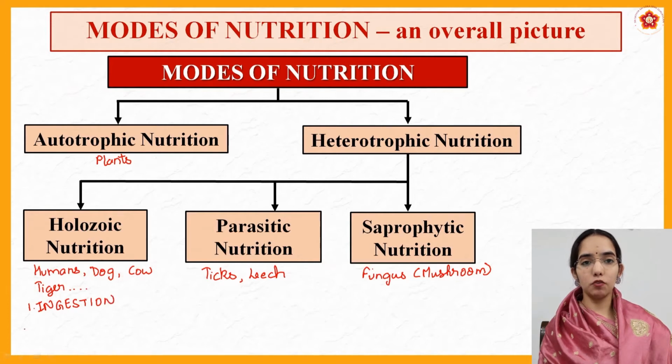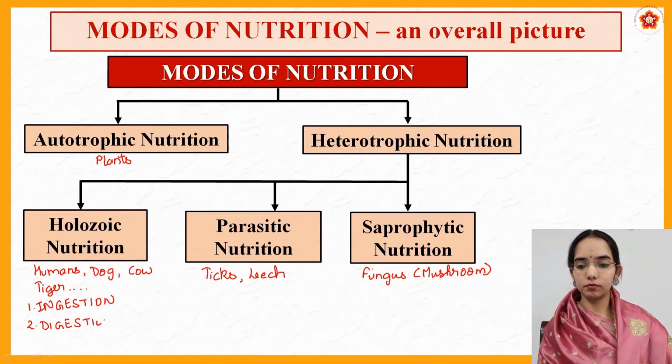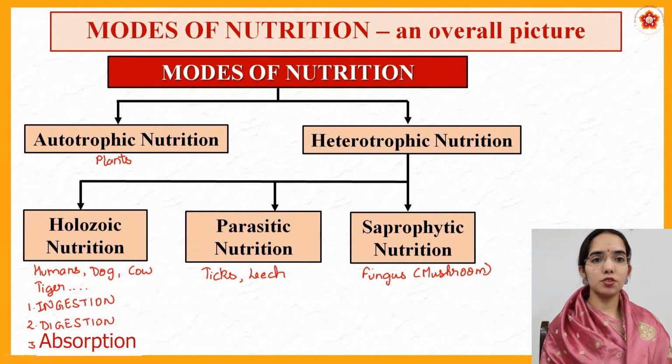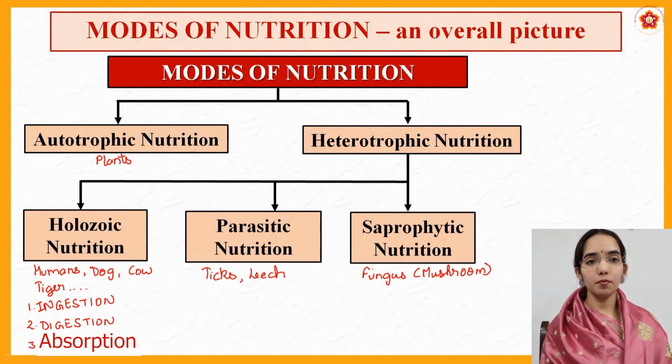Ingestion means taking in food. Then digestion. And the third process of absorption. So all of us, humans, dogs, cows, tigers and other animals, we follow these three processes of nutrition, that is ingestion, digestion and absorption.